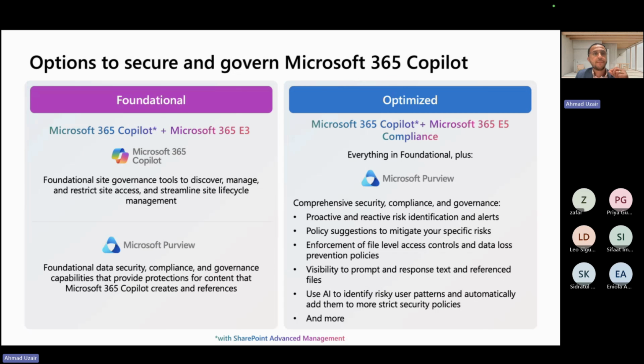Let's say, for example, if a label says confidential, it can only be accessed by CXOs. If it says internal, it can be accessed at the executive or manager level. If it's just for public use, then it can be shared outside the organization as well. So we can add those labels and also identify risky user patterns using Microsoft Purview.